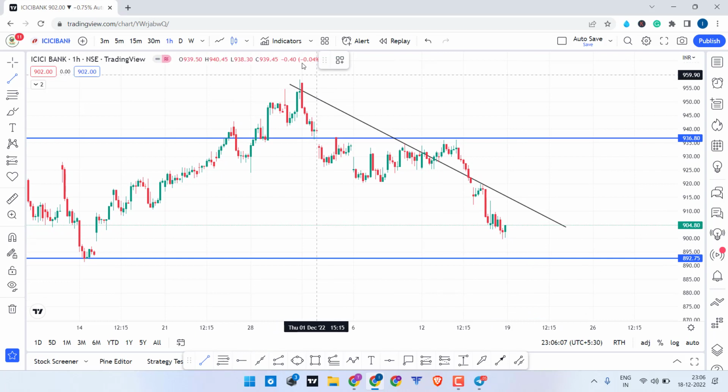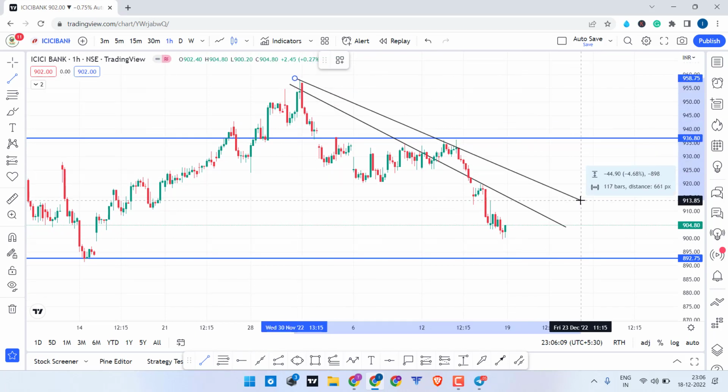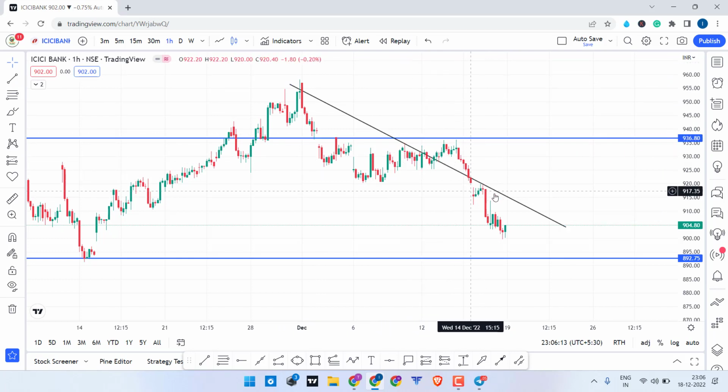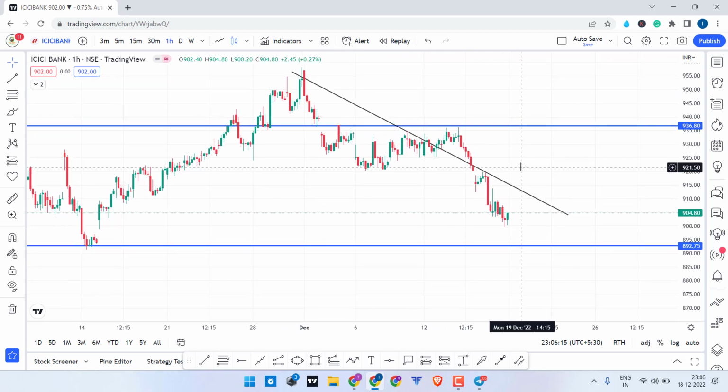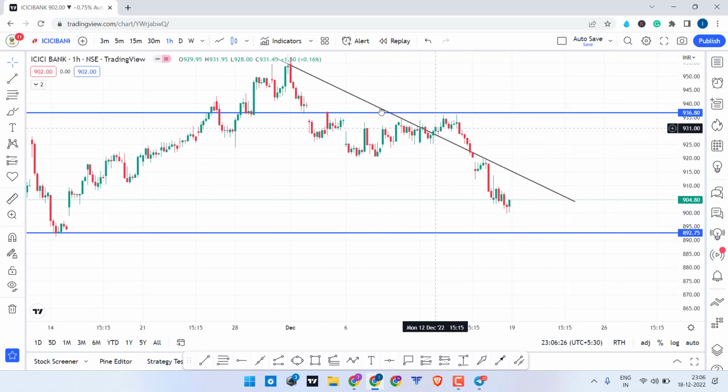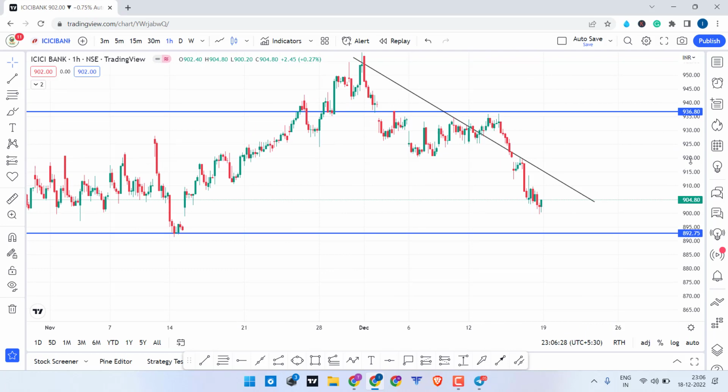Some people also draw a trend line like this, but I don't prefer it because I'm getting multiple touches here. So this is my style. I have explained everything about trend lines in the previous video. Please do watch. And in the hourly time frame, it's clearly showing a downtrend.